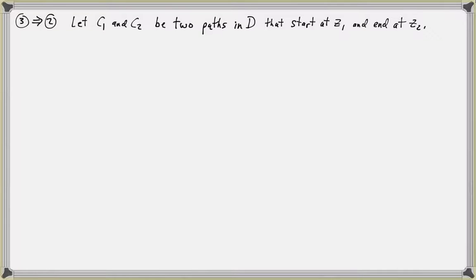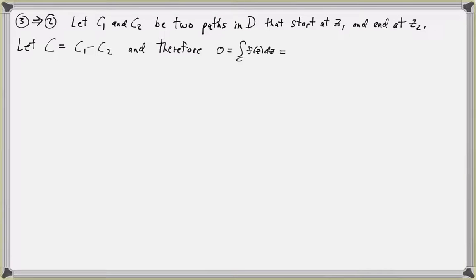Then we're going to define C as the closed contour C1 minus C2. And therefore, the integral of f of z dz over the contour C is 0 by assumption. We're assuming that in statement 3.